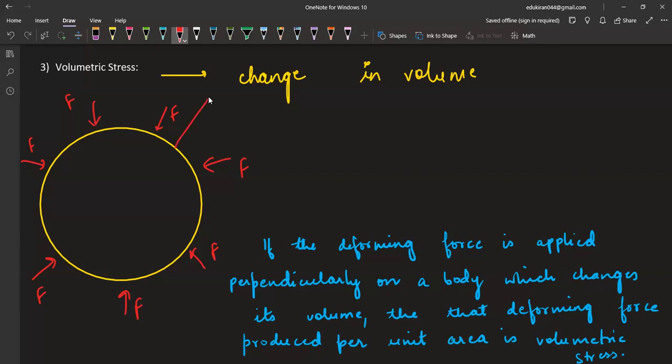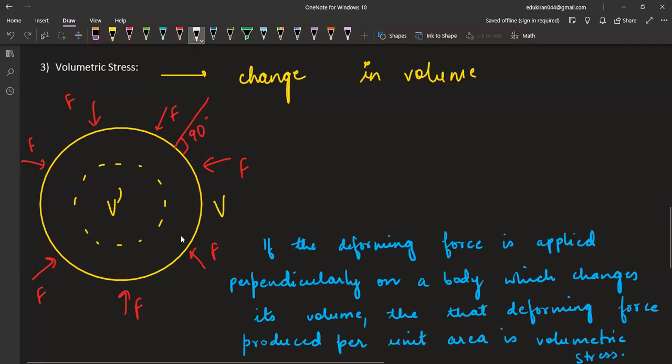If they bring the change in length, then that is not volumetric, that is longitudinal or normal. These forces will be 90 degrees to the surface of the sphere, and ultimately it will result in shrinkage. So if it was volume V initially, some new volume V dash will exist.